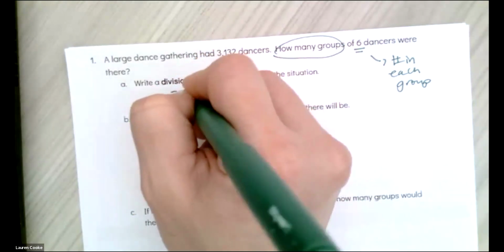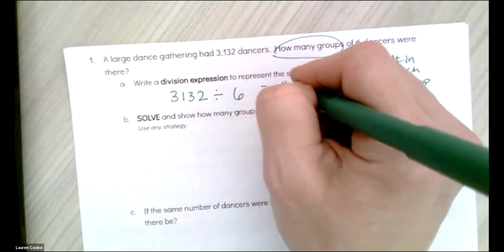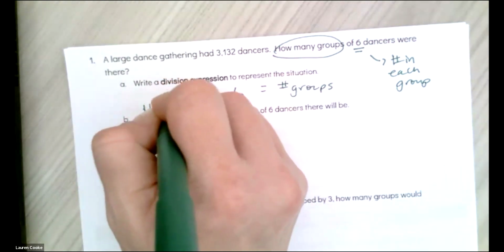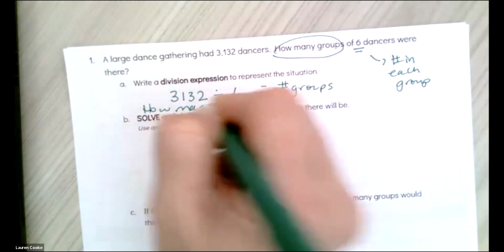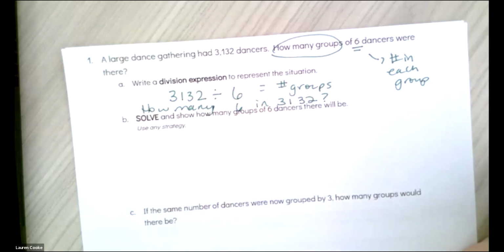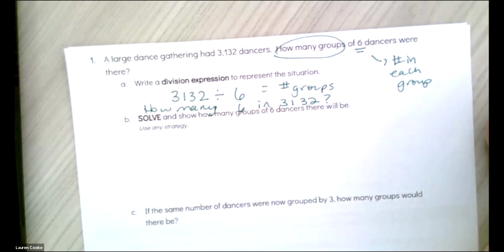It's 3,132 divided by 6 is going to be the number of groups, because 6 is the amount in each group. That's just the definition of division. So I want to know how many 6s in 3,132. I want to solve and show how many groups of 6 dancers there will be.